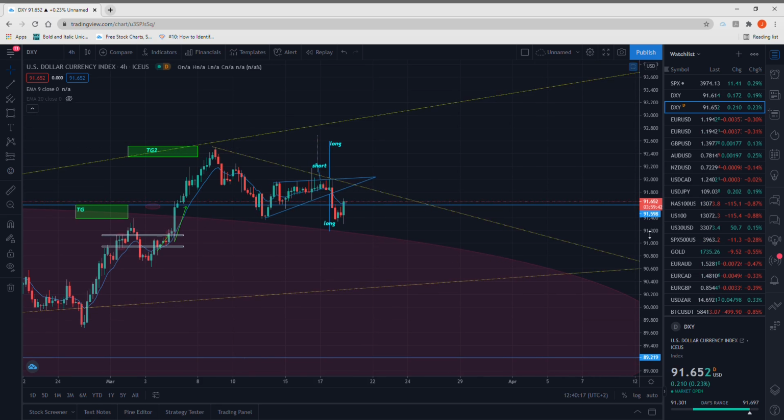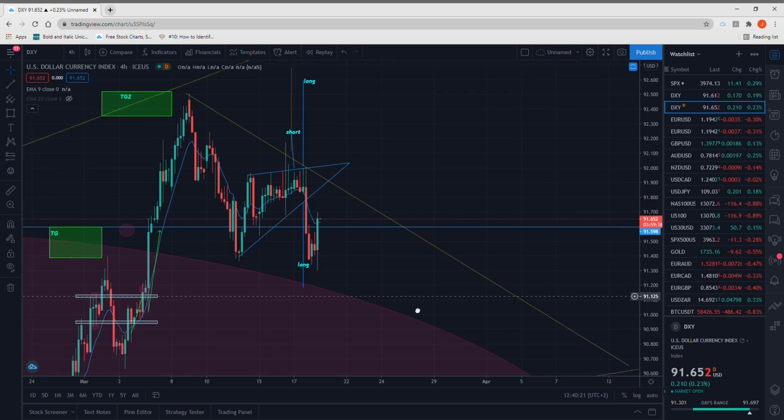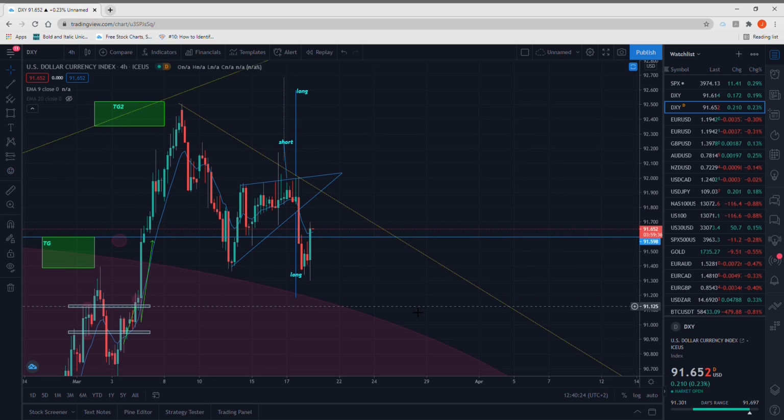So here, guys, as you can see, mind the lines. It's my way of looking at the charts, and all these green boxes are where my target has been hit. Obviously, when we're trading, we don't have a one-sided bias.